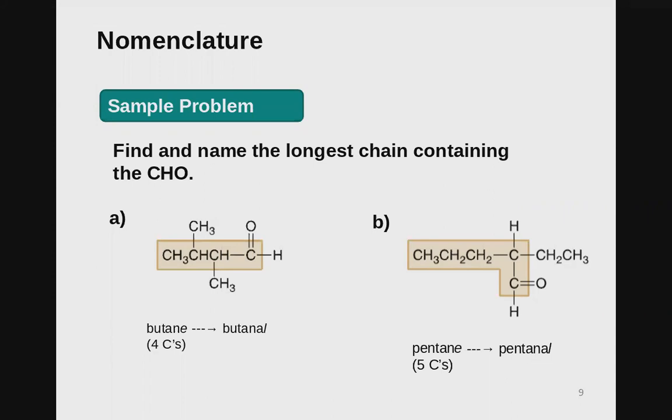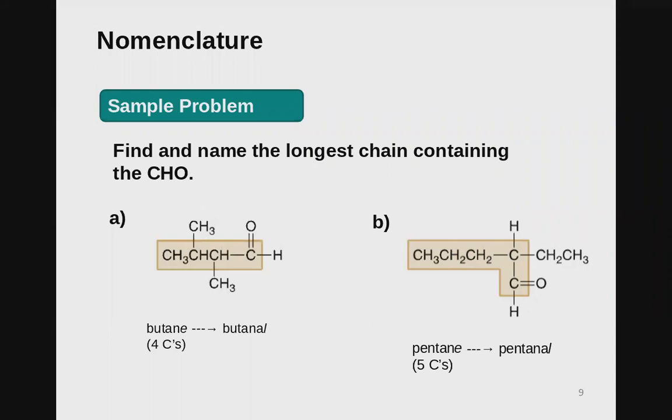So we have butanal and we have pentanal. Now our first carbon has to be the lowest for this CHO group. So this will be carbon 1, and this will be carbon 1 here. So if we go through and label 1, 2, 3, 4, and then 1, 2, 3, 4, 5. How do we finish this name for the first one?